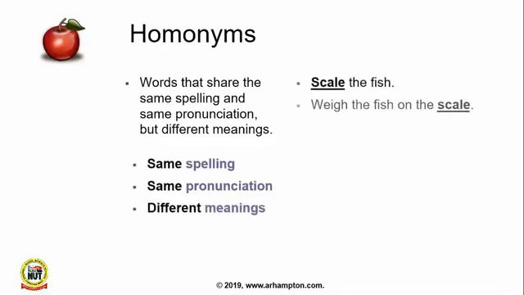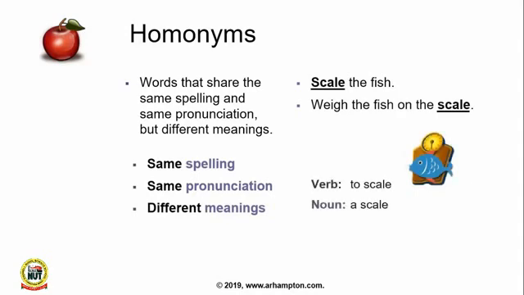Homonyms are words that share the same spelling and same pronunciation, but different meanings. Again, same spelling, same pronunciation, but different meanings. For example, scale the fish, weigh the fish on the scale. In the first sentence, scale is a verb meaning to cut or remove the fins and the skin from the fish, to cut that away.